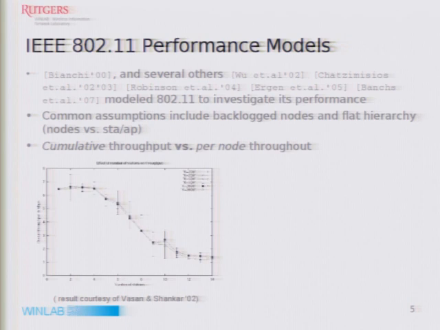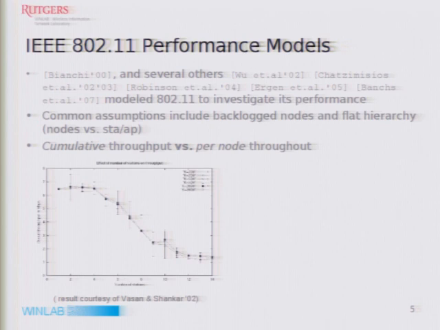Obviously, if you have a wireless LAN or any kind of limited resource, and you add elements to share it, you would expect graceful scaling per node, right? If you have 10 megabits of capacity and you add 5 nodes, per-node capacity will drop, and if you add 10, you expect it to drop gracefully. But what we're looking at here is the cumulative one. If everything is operating well, you would expect the cumulative one to be constant.